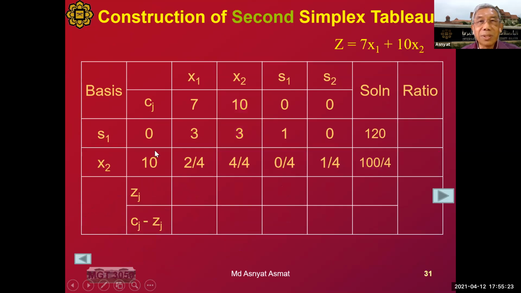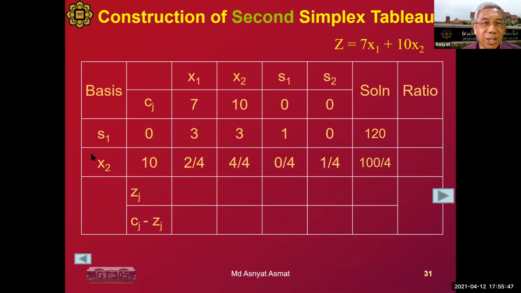So this is now the second iteration. Notice now, just now X2 was the entering variable. Now it enters the basis. S1 stays, S2 has left already.